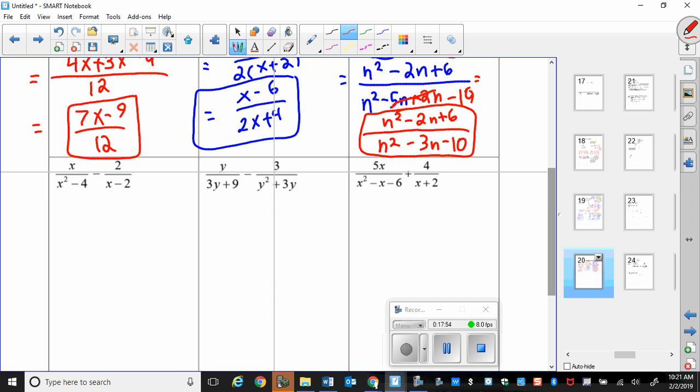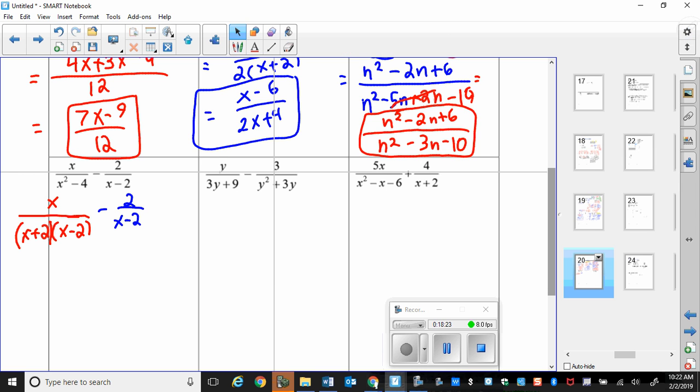So factoring this out, I have x over x plus 2. This is a difference of 2 squares. So x over x plus 2 times x minus 2. Okay? Minus 2 over x minus 2.